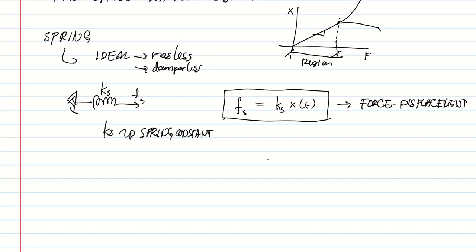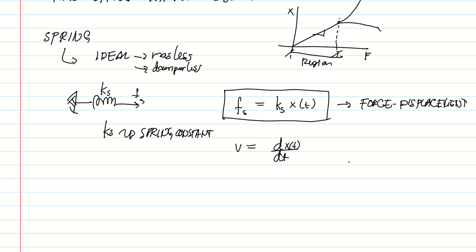In physics, we know that the velocity of a certain body is just equal to the change in the displacement with respect to time. In other words, this is just equal to dx/dt, if x is a function of time.